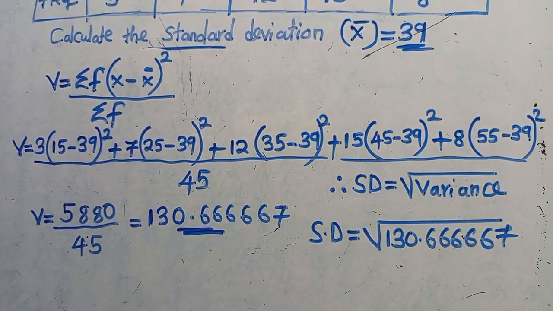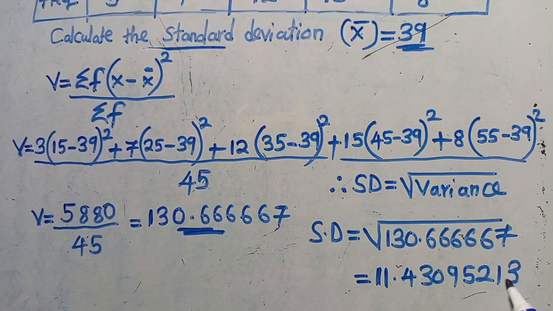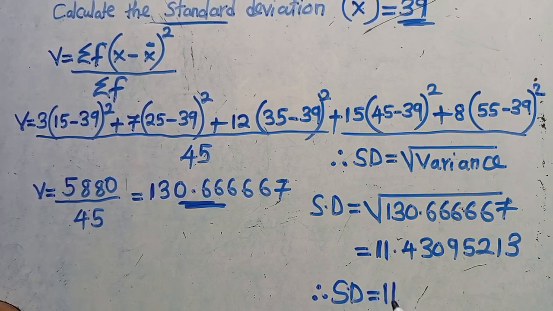When you calculate the square root of that number, the answer that you're getting is 11.43095213. So therefore, you conclude and say standard deviation is equal to 11.43. This is the answer. You are done. This is what we are supposed to be doing.